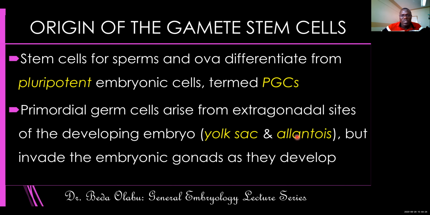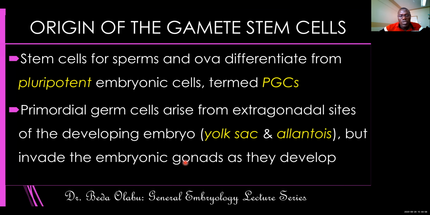Yolk sac and allantois are present in the embryo. The cells in the wall of the yolk sac and the cells in the wall of the allantois are the ones that give rise to the primordial germ cells. These primordial germ cells invade the developing gonad.